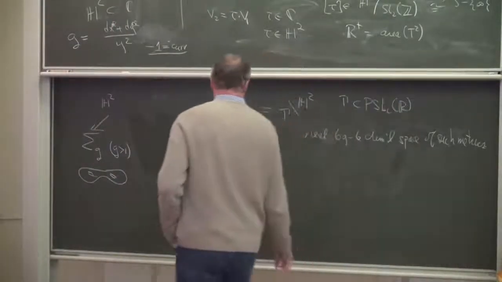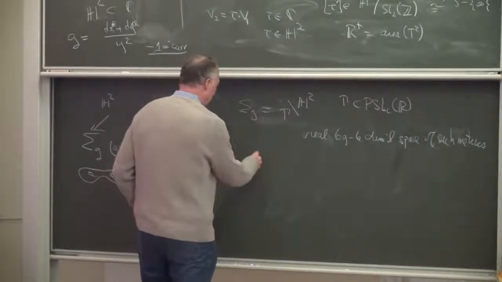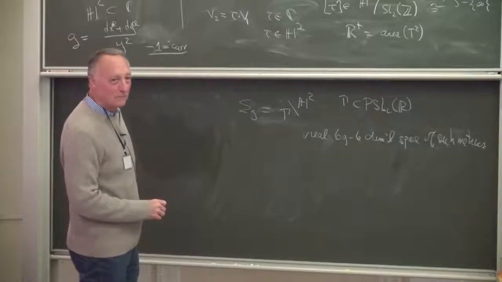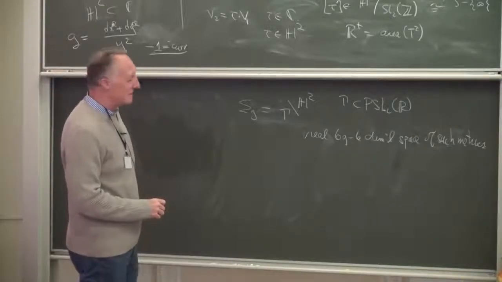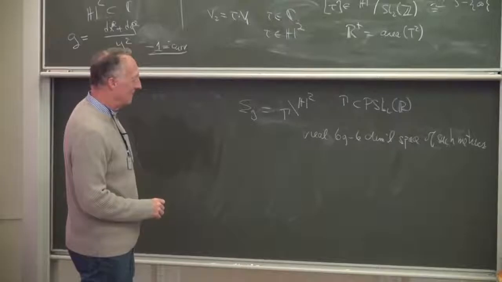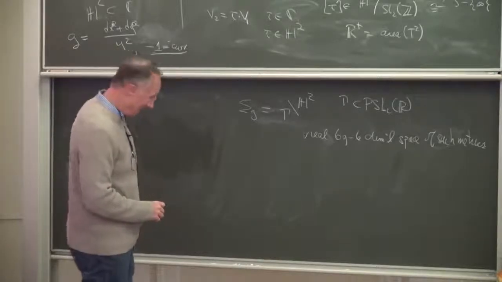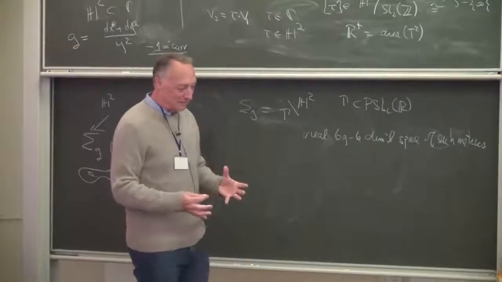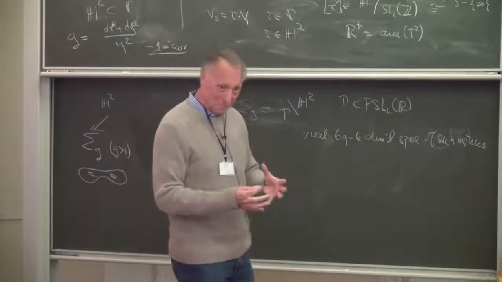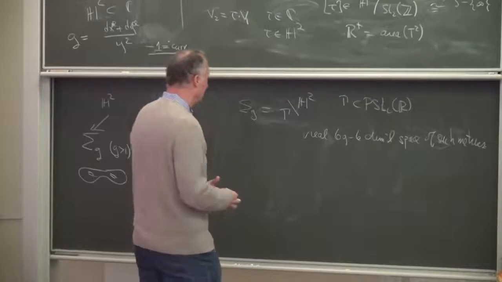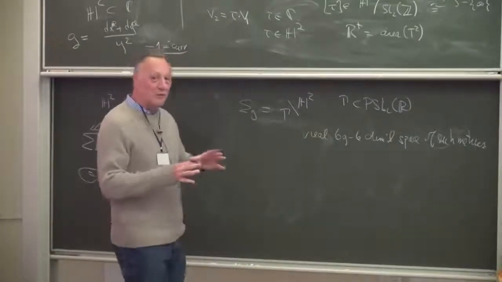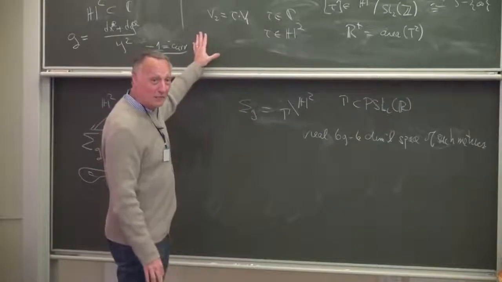There's a nice picture of what these are, well, maybe I don't have time to say that. This is the so-called moduli space of algebraic curves of genus G, Riemann surfaces. So it turns out that if you have a complex curve, a real two-dimensional thing with a complex structure, its universal cover is conformally equivalent to the upper half plane.